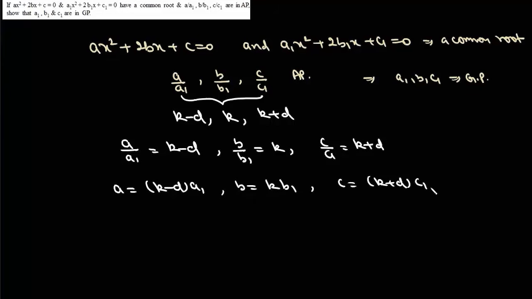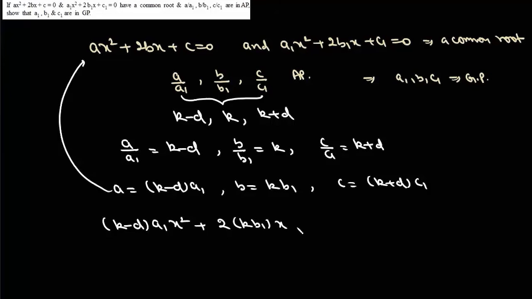Now if we put it in this equation, we can write this equation as k minus d a1 x square plus 2 k b1x plus k plus d c1 equals 0.